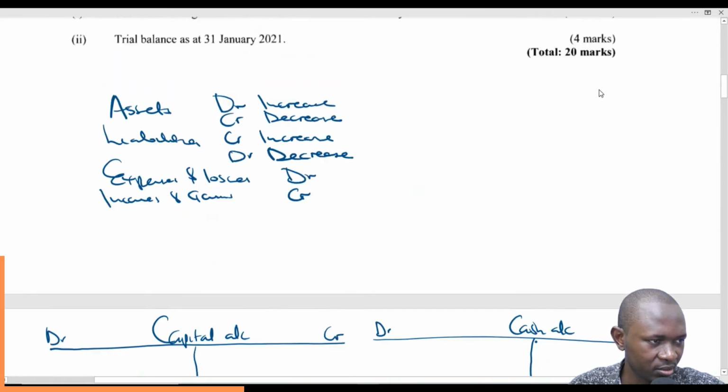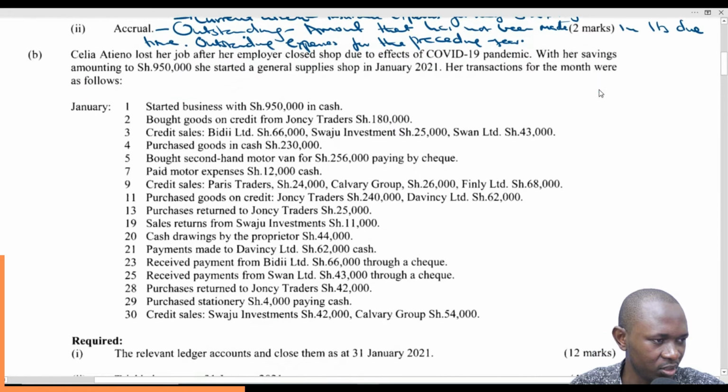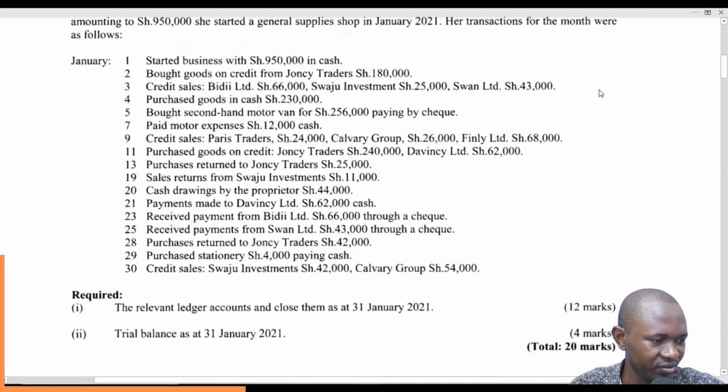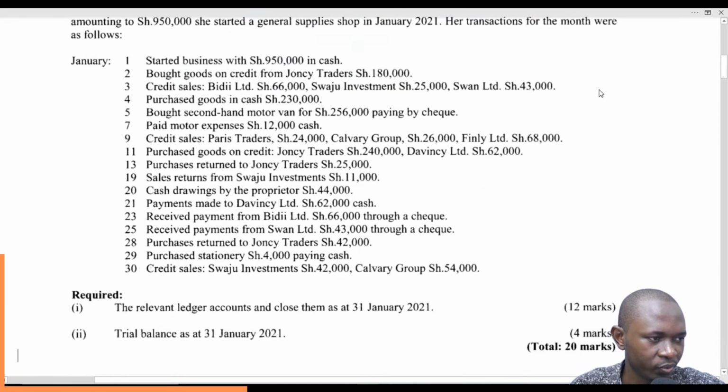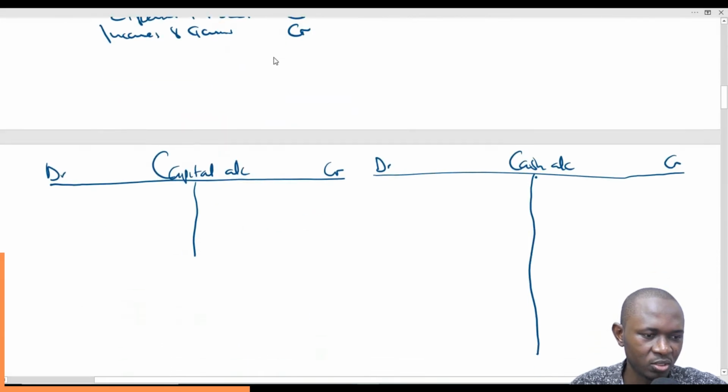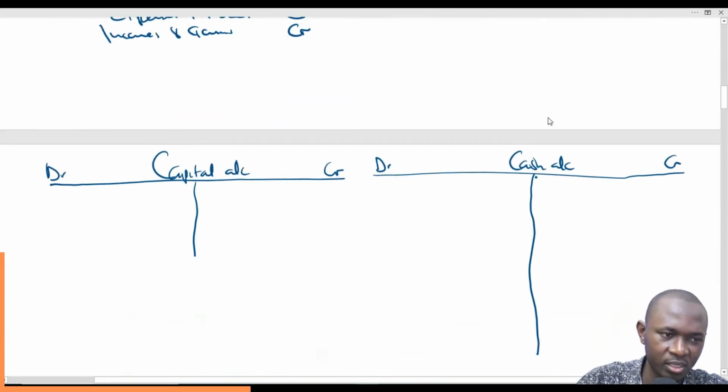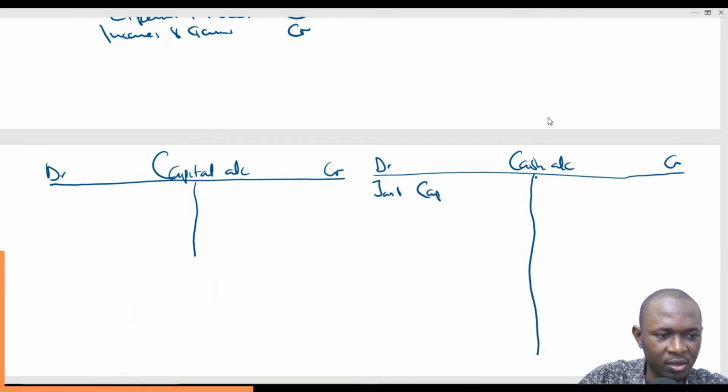What we are required to do is just to identify if it's an asset, a liability, where it belongs. That is all. So started business with 950,000 in cash. Cash is an asset, so it's an increase in cash. So an increase in cash, we simply debit. So we say January 1st, capital account. We normally mention the other account that has affected this account.